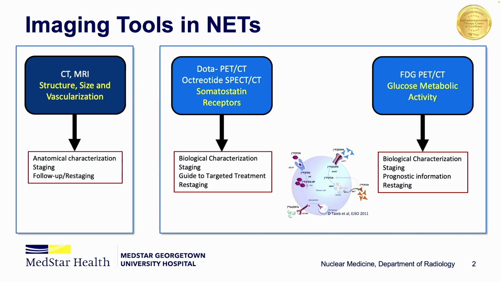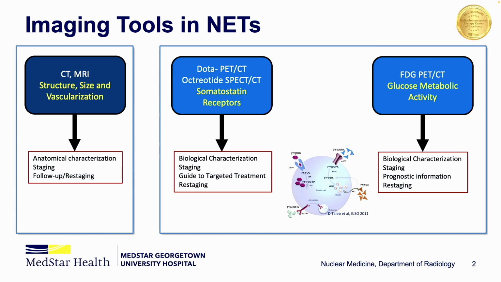So for staging, the initial evaluation of the disease, whether or not there are metastases, how much of the tumor is there. And then PET CT also helps us guide treatments and evaluate whether or not the tumor can be treated with our treatment, the radioisotopic targeted treatment, and also restage the disease.